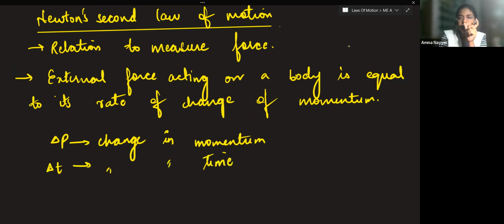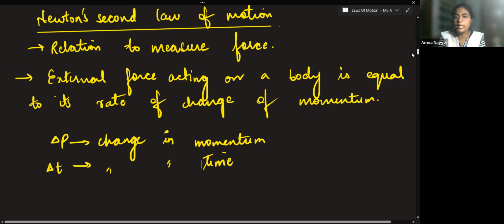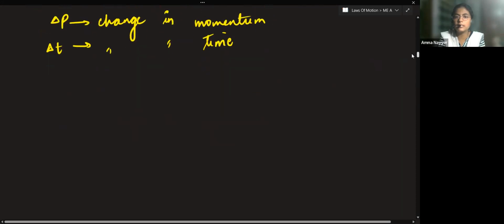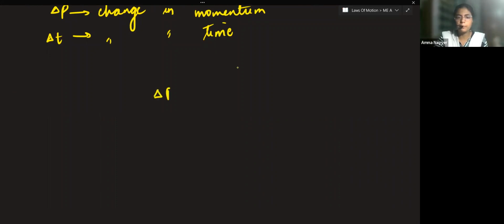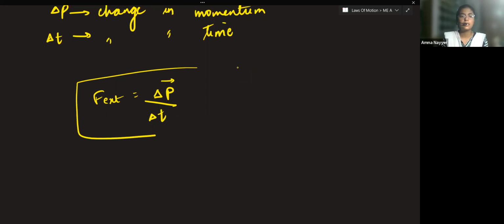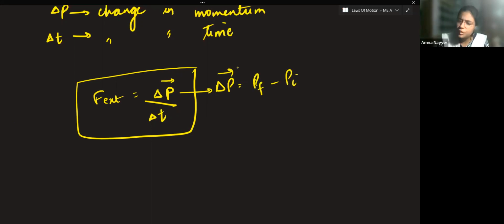So rate of change of momentum means delta P divided by delta T. The second law says that this is equal to F external. This is how you calculate the magnitude. Delta P you can calculate as final momentum minus initial momentum, because you're actually calculating the momentum difference.